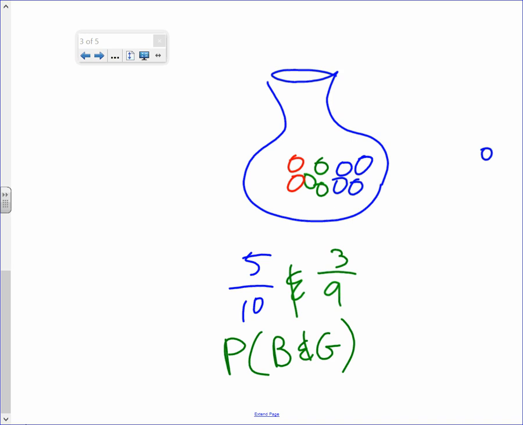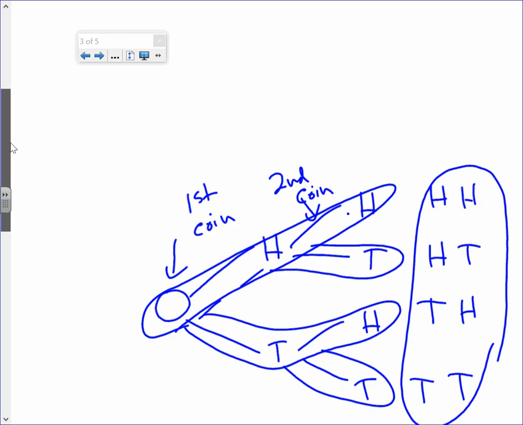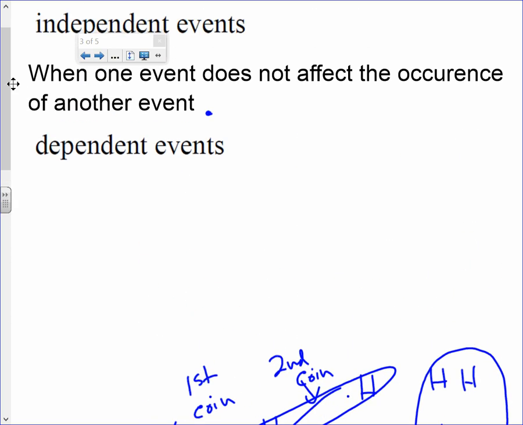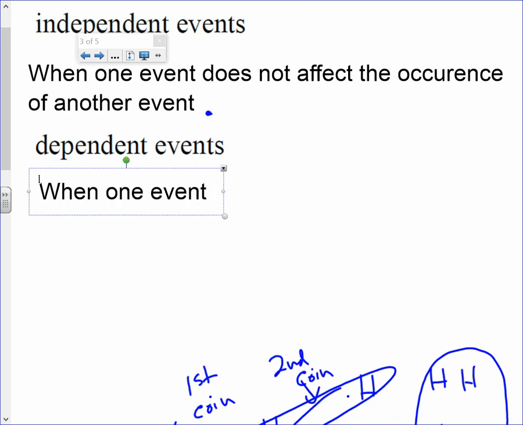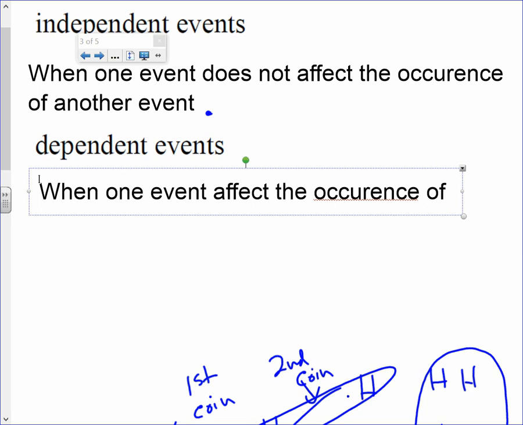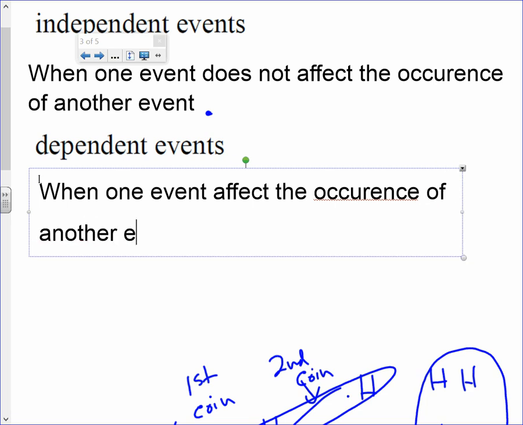So let's go back up there and define dependent events. We'll write this. When one event affects the occurrence of another event.